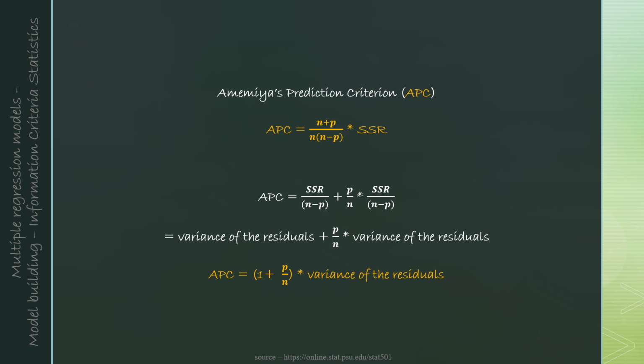APC equals SSR divided by n minus P, plus P divided by n multiplied by SSR divided by n minus P, which equals variance of the residuals plus P divided by n multiplied by variance of the residuals, which can be rearranged as APC equals 1 plus P divided by n, multiplied by variance of the residuals. So we can see that P and variance of the residuals play an important role in calculating the APC for a given sample size.